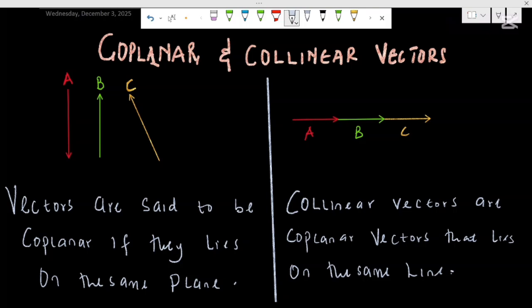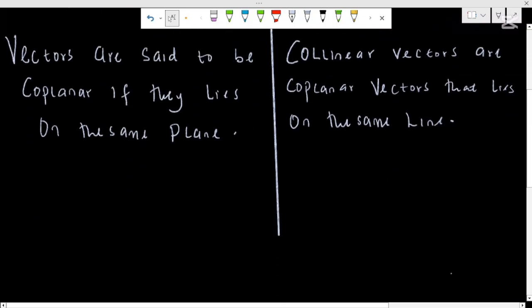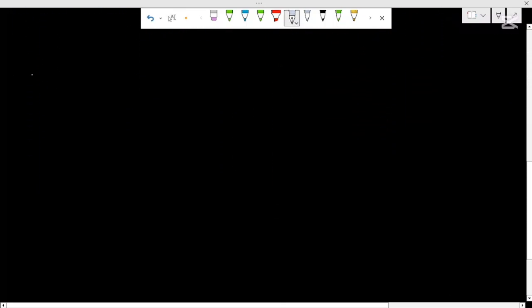But in calculation, they both have a scalar triple product which is equal to 0. Right? So what do we mean? We are saying if we have a vector A, vector B, and vector C, their scalar triple product is equal to 0.